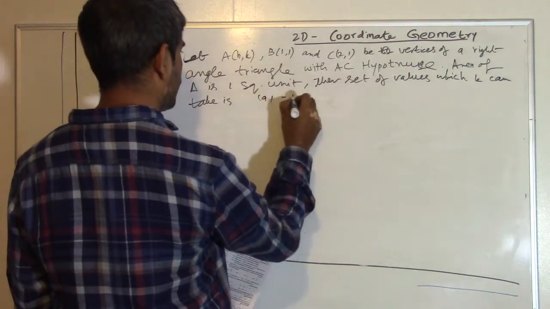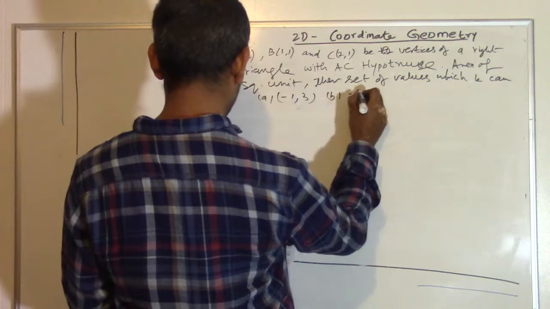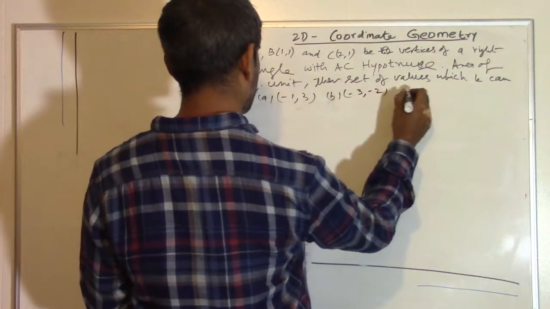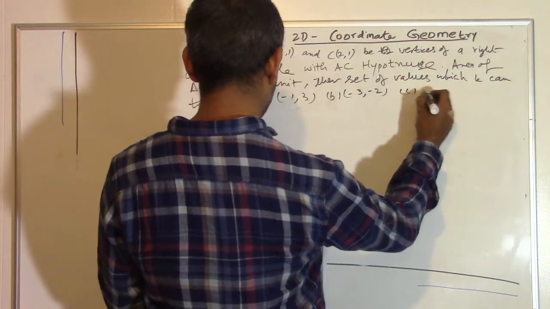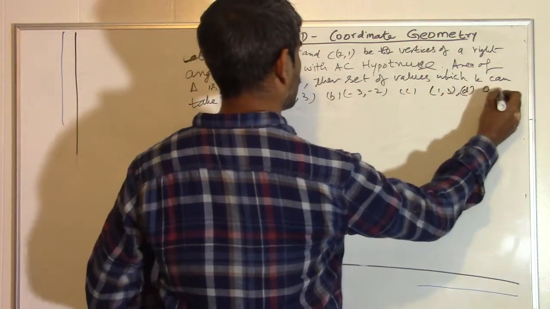A is -1, 3; B is -3, -2; C is 1, 3; and D is 0, 2.